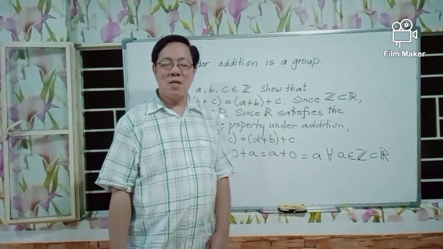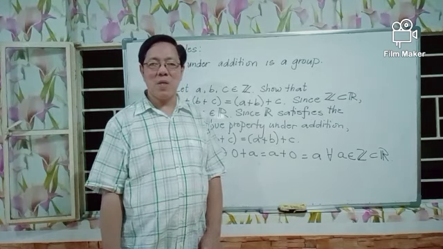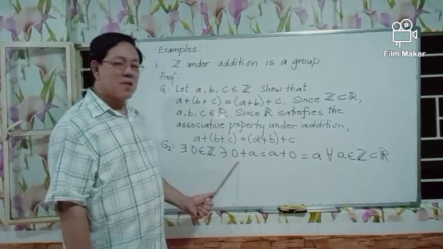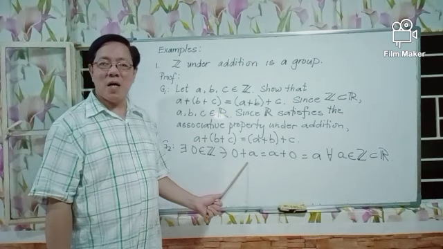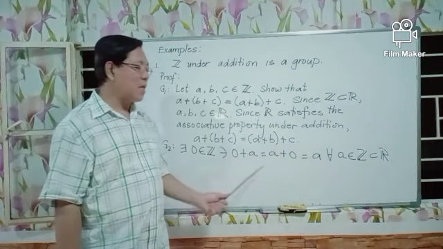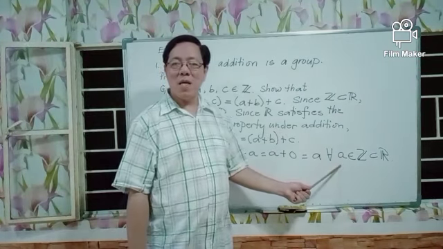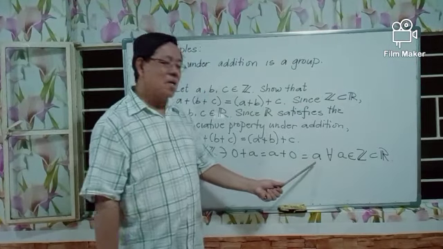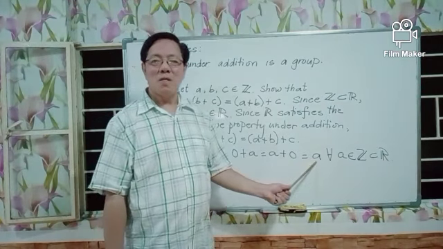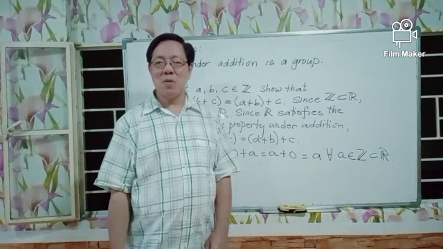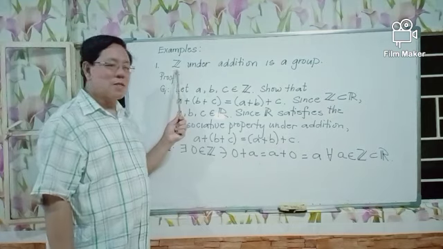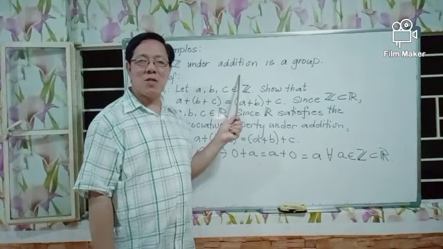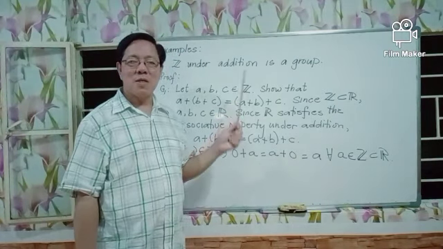That is, there exists an identity element for addition in the set of real numbers, satisfying this property that if you add that identity element for addition, which is 0, to any other real number, the sum is the real number. So the second property of a group is satisfied by the set of integers under the binary operation addition.